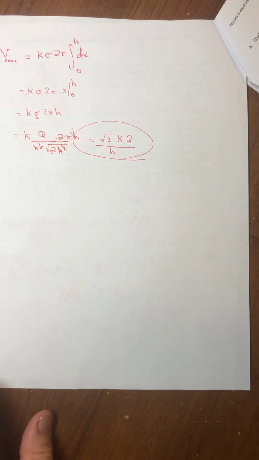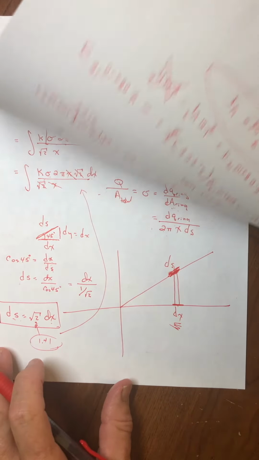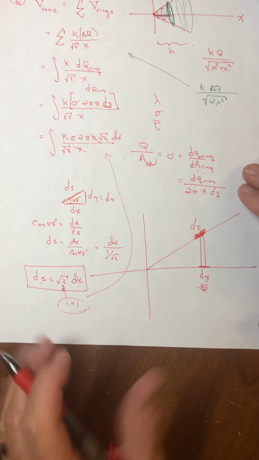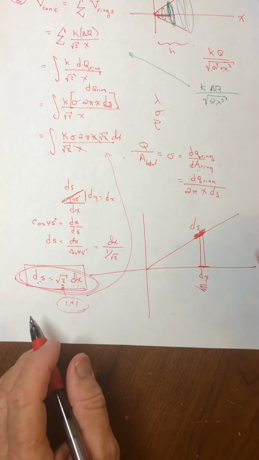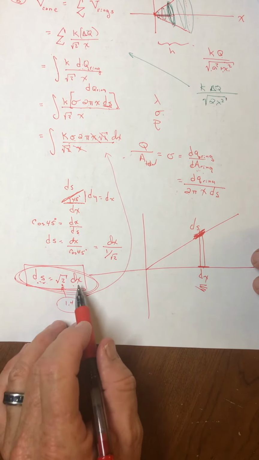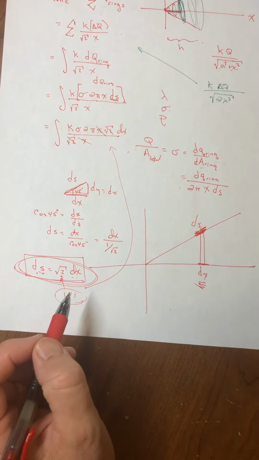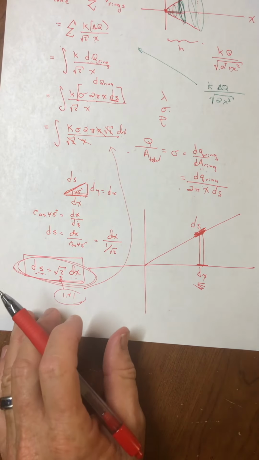By the way, it just dawned on me, I tend to like to think of things physically, but if you're maybe a little more math-oriented, here's a connection between the ds and the dx, and I went kind of through a picture here, a geometric picture, a physical picture of what's going on.